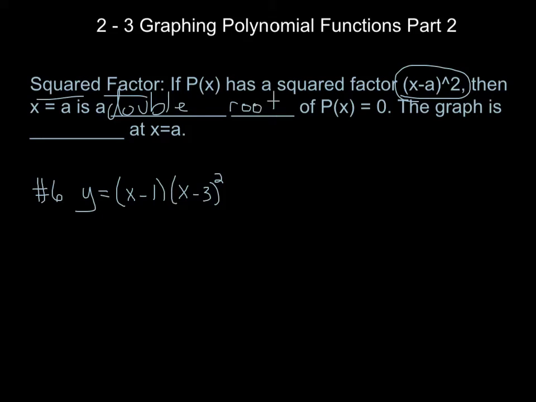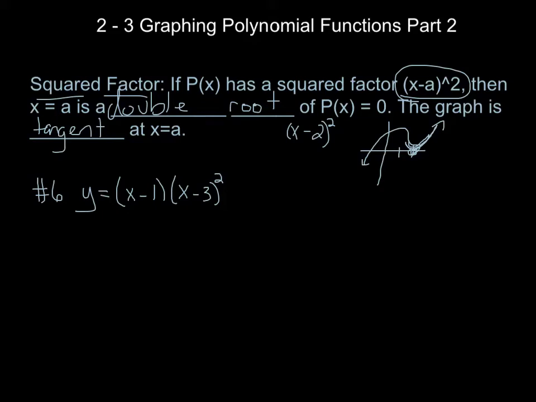If a root is a double root, that is, it counts twice, then the graph is tangent at x equals a. So, for instance, if (x minus 2) squared is one of your factors, then the graph might come up and be tangent, give it a little kiss, and then go back up.